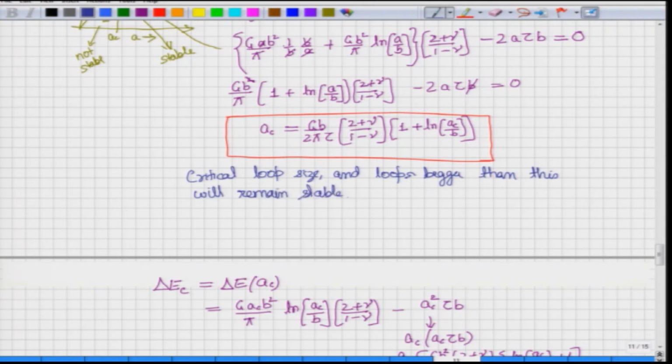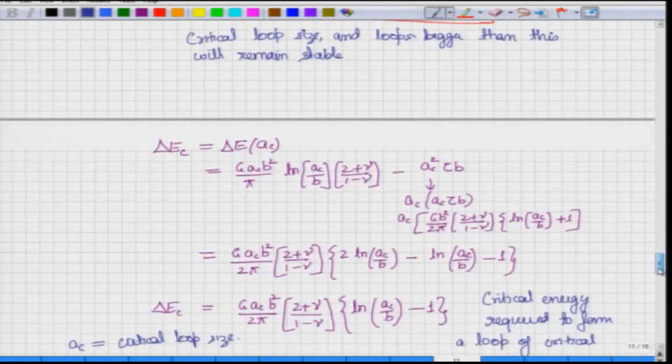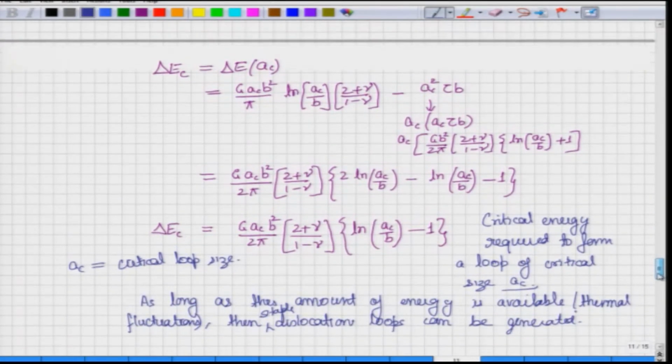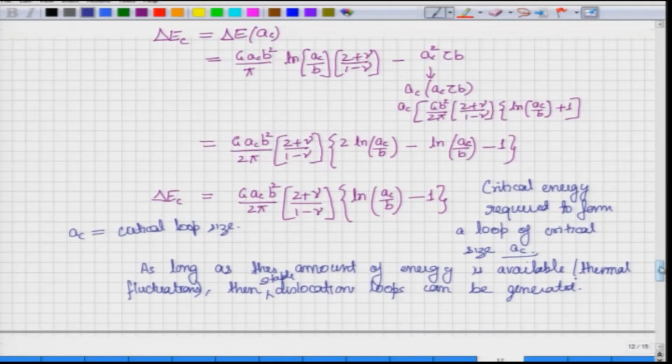Meaning they will not contract, because if they want to contract, you will need more energy. So, that is energetically not a favorable thing. You will have to supply additional energy. So, it will like to increase in size, because that way the energy can be reduced. Any amount of work that is done on this will lead to an increase in size, and then the total energy will reduce.